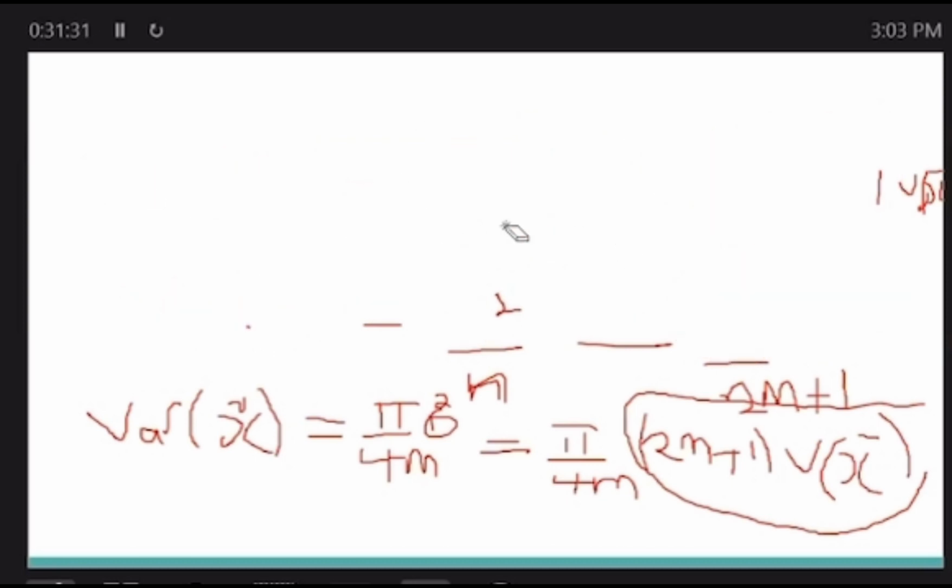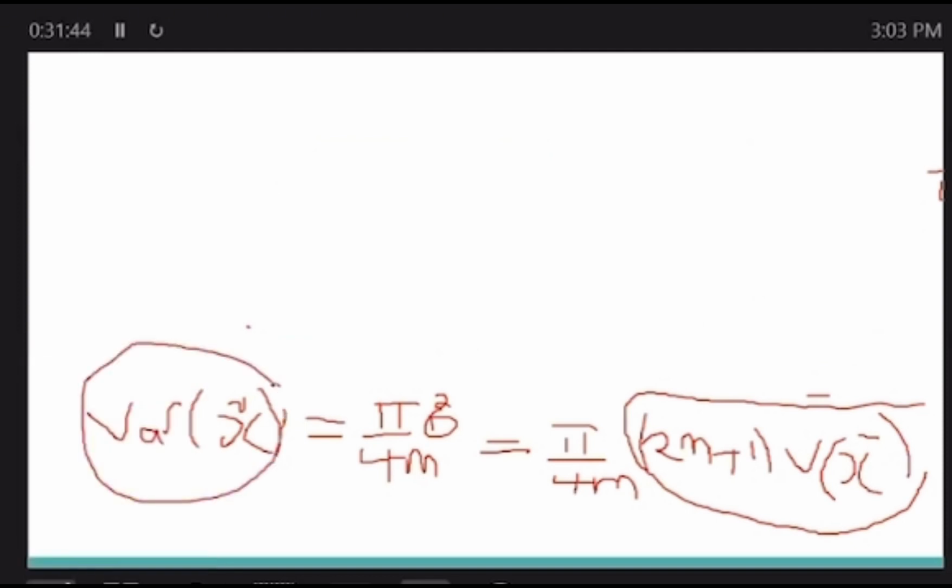Let me clean this up. Of course, you know where we are now: the variance of the median equals this expression here. So what I can do now is resimplify. I have pi divided by 2, from this pi there's a 4, right?